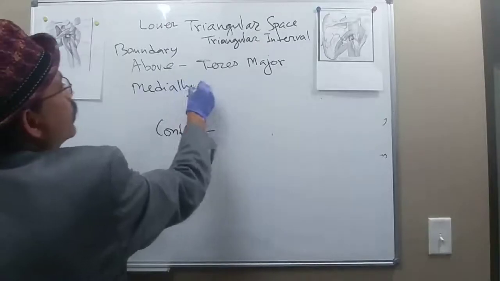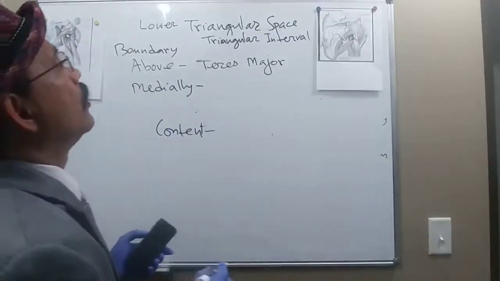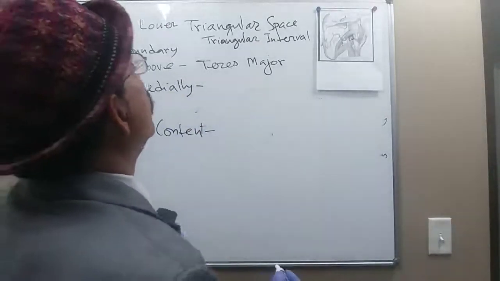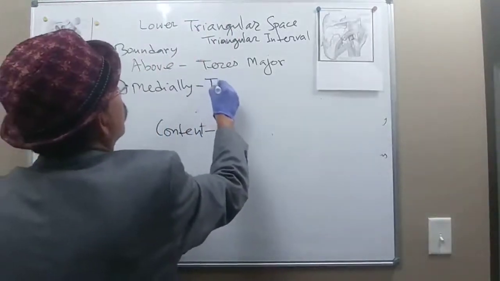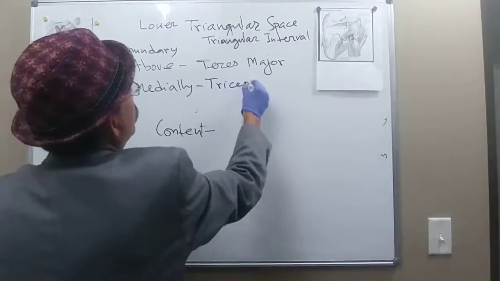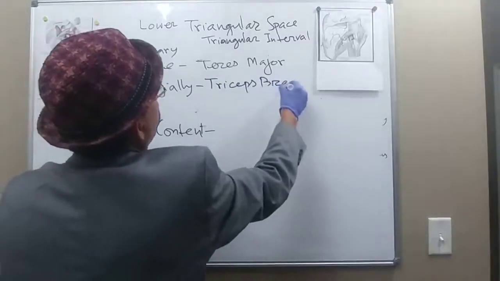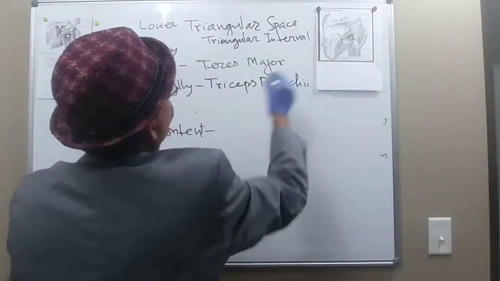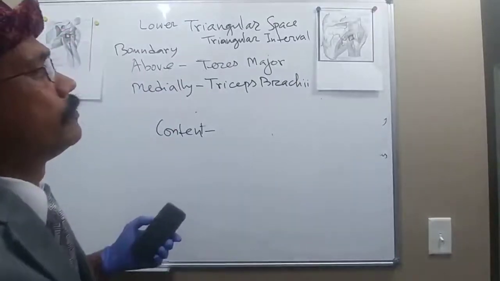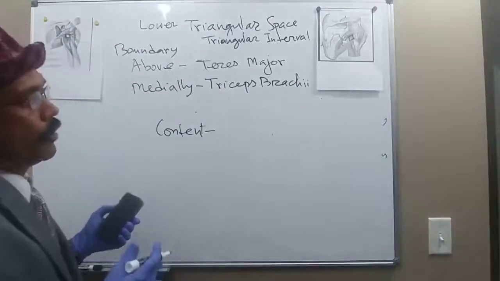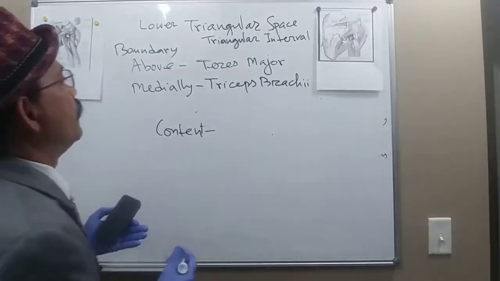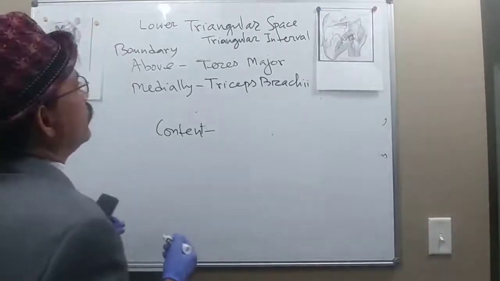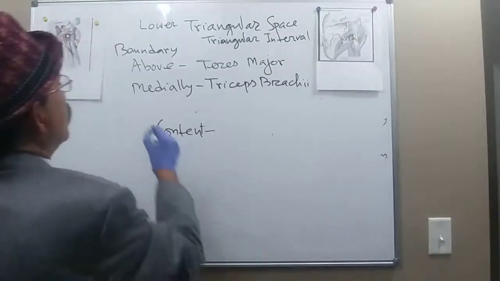Medially it is bounded by the lateral border or lateral surface of the long head of the Triceps Brachii. Okay, that is the medial boundary.